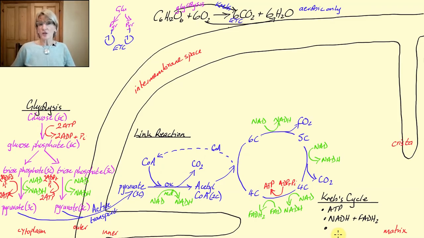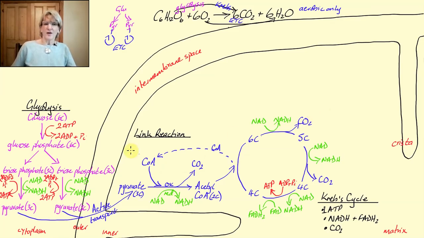And you need to know that carbon dioxide is produced. But these are the crucial bits of information for those of you who aren't going on to university to study a biology degree. So now we're getting to the final stage of aerobic respiration.